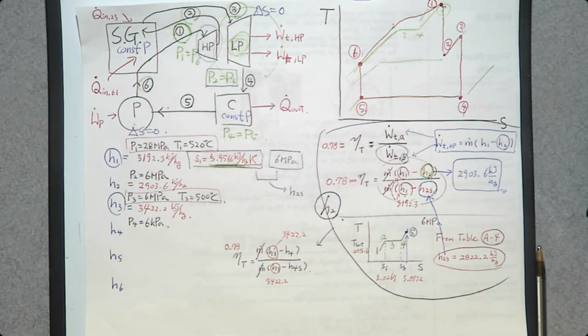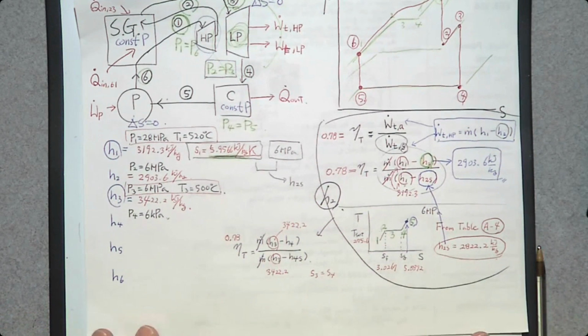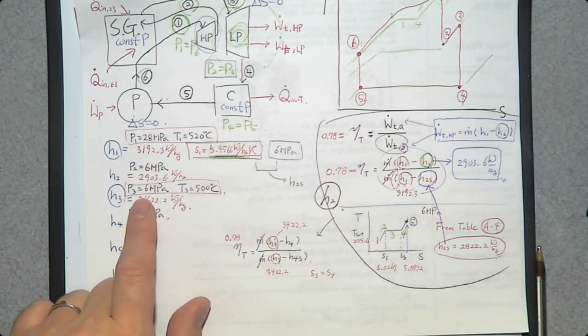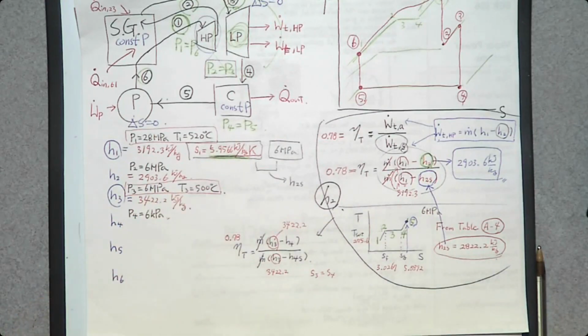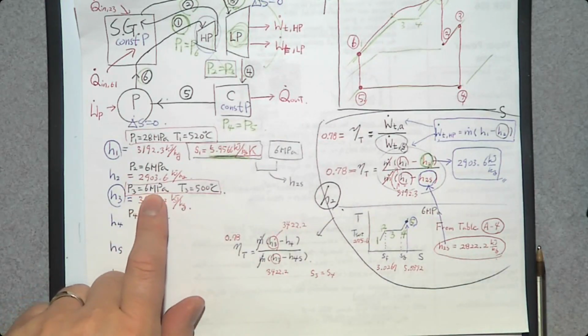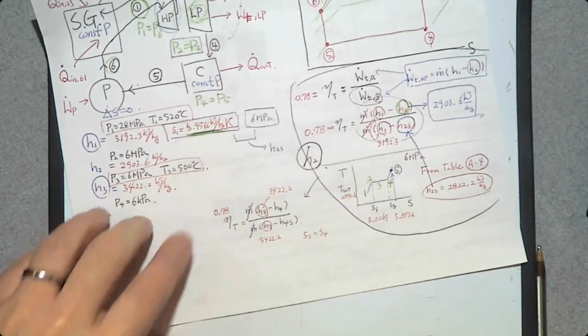To determine h4s, we have P4, and we are going to use the assumption that s3 is the same as s4. It is an isentropic process. So what is s3? We can find s3 directly from pressure and temperature. We know the pressure is 6 megapascal and the temperature is 500 degrees Celsius.